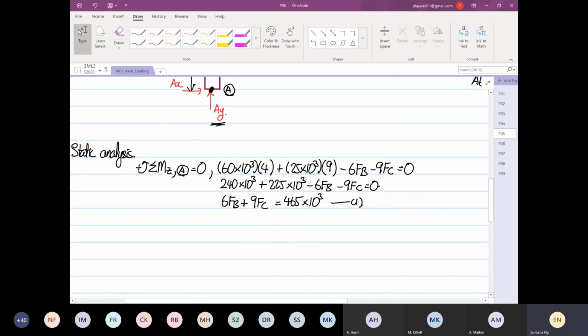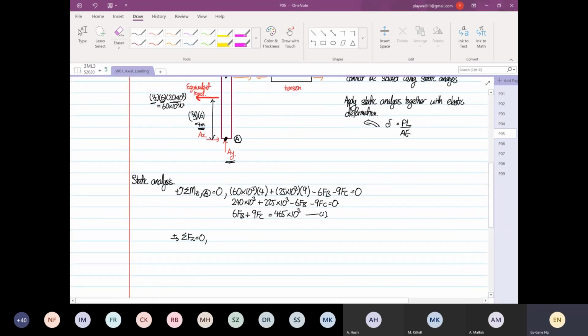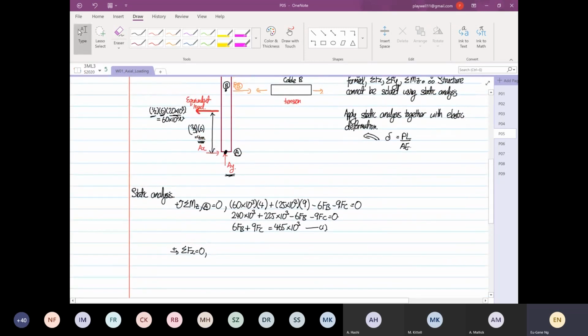Then you form your next equation. Summation of forces in the x direction is equal to 0.